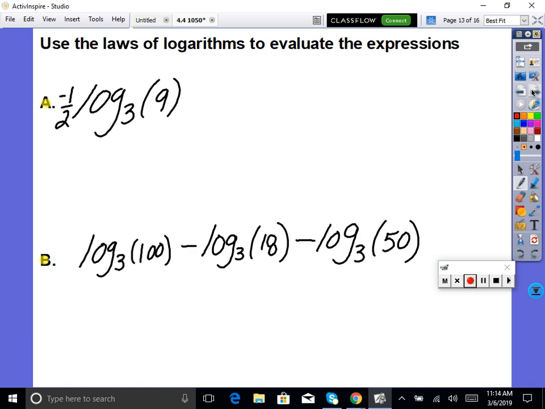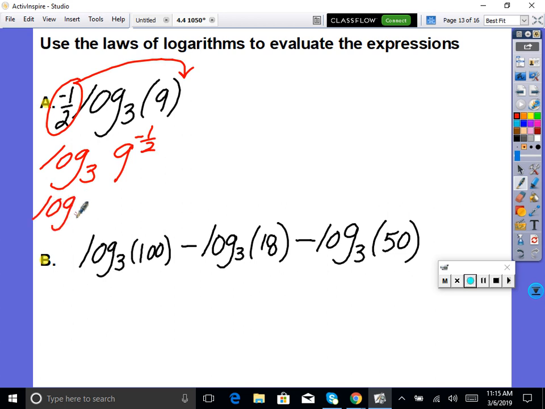Okay, awesome. Okay, it says use the laws of logarithms to evaluate these expressions. So we would first, because we're using laws of logarithms, take this exponent up, wouldn't we? So then I'd rewrite it. We have log the base 3 of 9 to the -1/2 power. Now from here, aren't we trying to get it to be base 3? So then this is log to the base 3, and 9 is 3 squared.